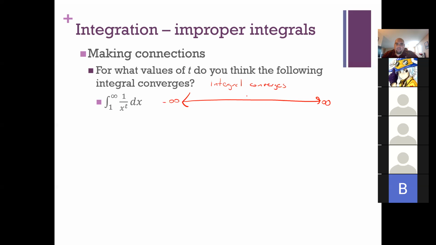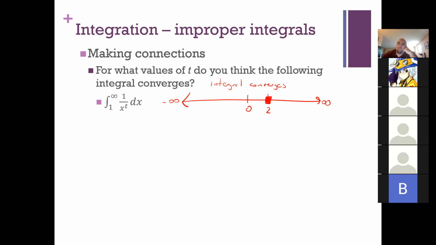So let's do this. We don't know what happens at 0. We know what happens at 2. So I know that at 2, this integral converges. It actually gives us a value. I'll go ahead and spoil it for you right now. The integral of 1/x² from 1 to infinity is indeed 1.